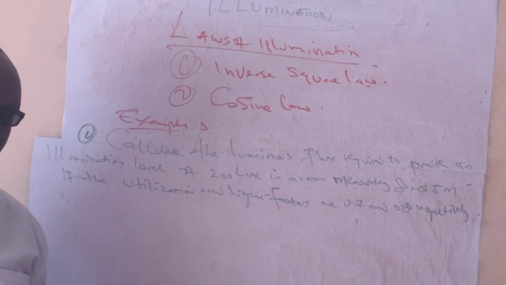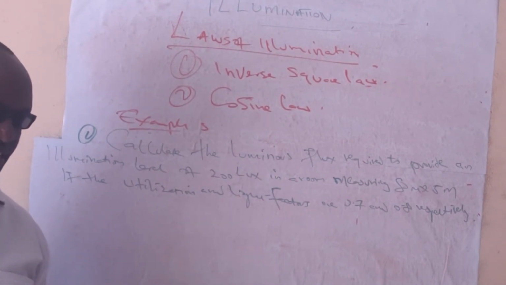We are asked here to determine the luminous flux required to provide an illumination level of 200 lux in a room measuring 8 by 5 meters, given the utilization factor.